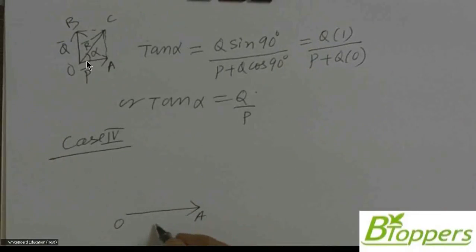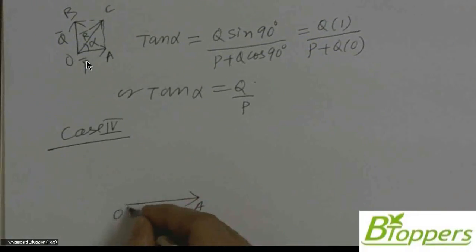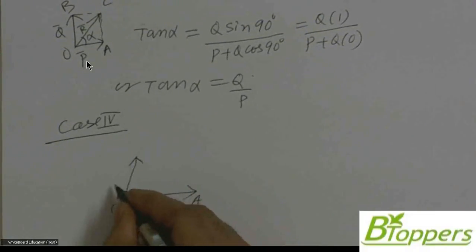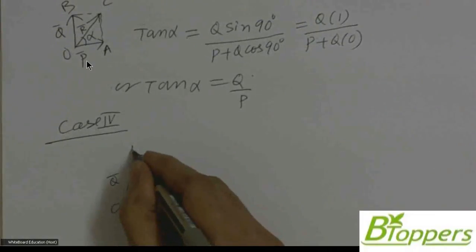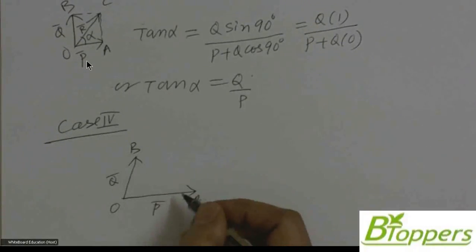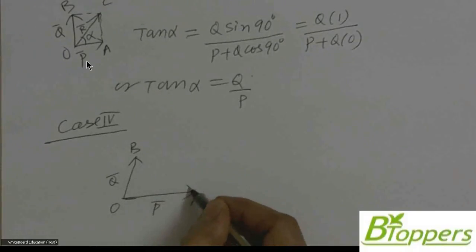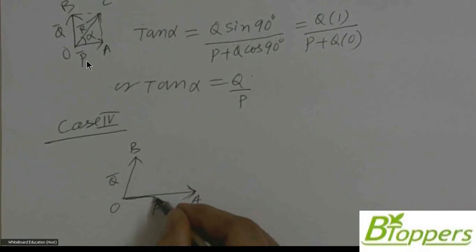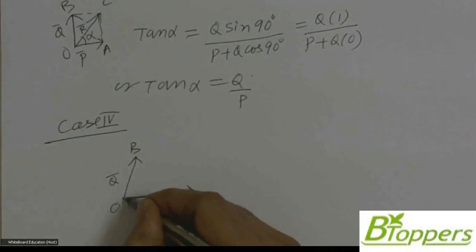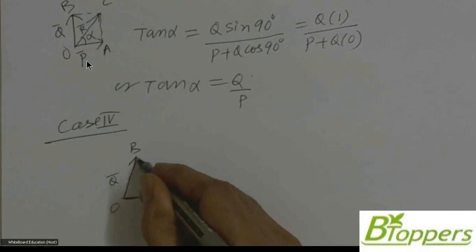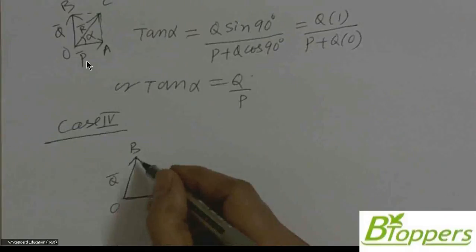In the earlier diagram, I represented vector P bar by the direct line segment OA bar, and the vector Q bar by direct line segment OB bar. So if the two vectors P bar and Q bar have the same magnitude, the length of the line OA will be the same as the length of the line OB in the graphical representation.